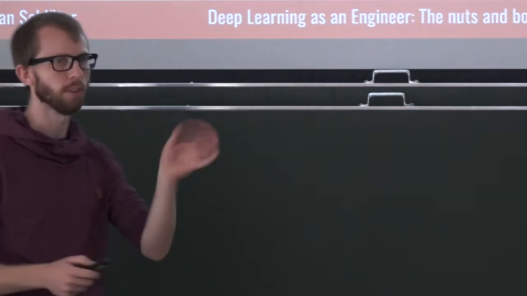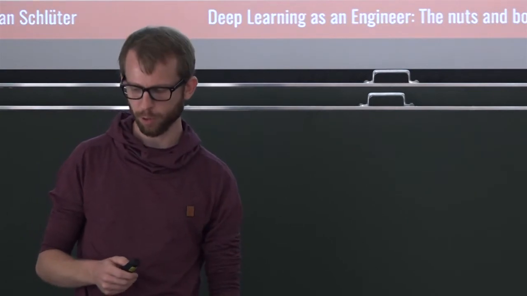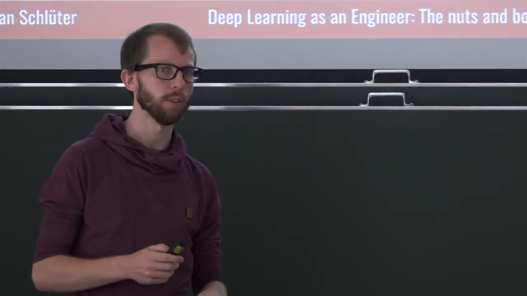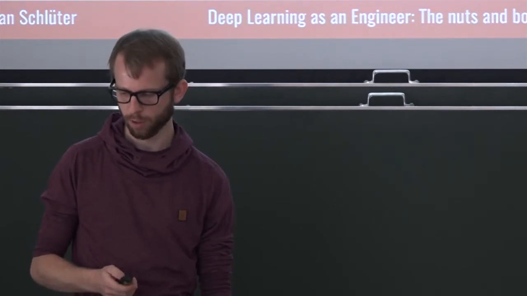For digit recognition, it doesn't make sense to do horizontal flipping, for example. And for audio, it could be time stretching or pitch shifting or applying some equalization that changes the frequency curves.